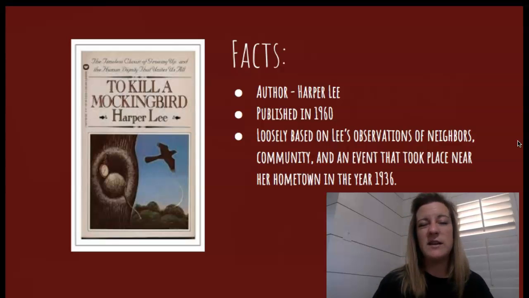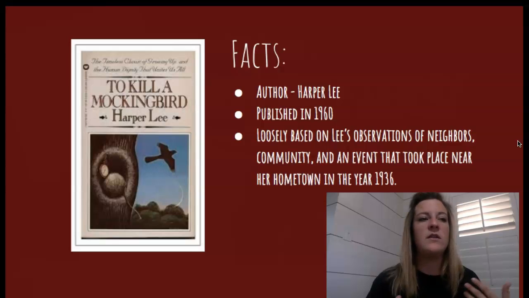It is actually an event that took place in her community, but it's not exactly like it. She used the figurative language that she was familiar with or comfortable writing in to retell her story in a little bit of a different way.